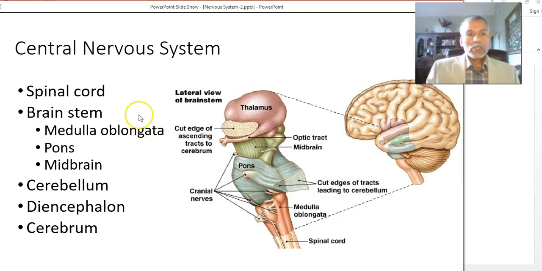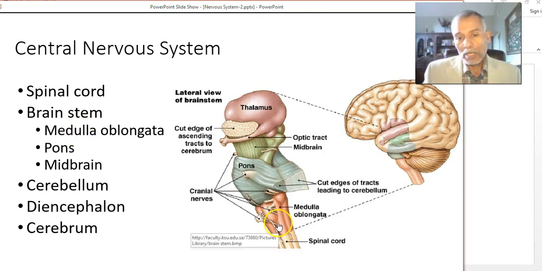So how many structures do we have? 1, 2, 3, 4, 5. 5 major structures. The brainstem by itself consists of 3 structures that are the medulla oblongata from the bottom, and then the pons here, and then the midbrain.